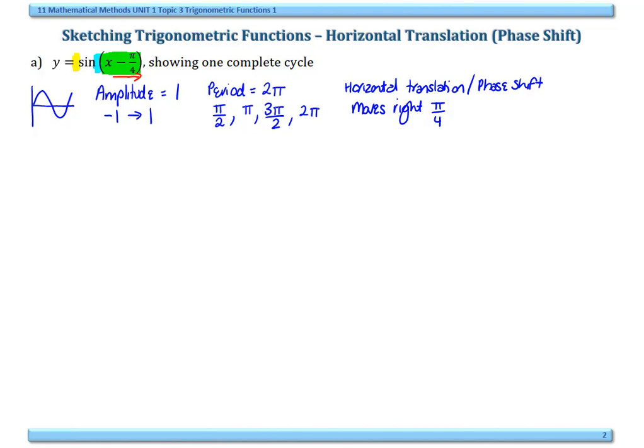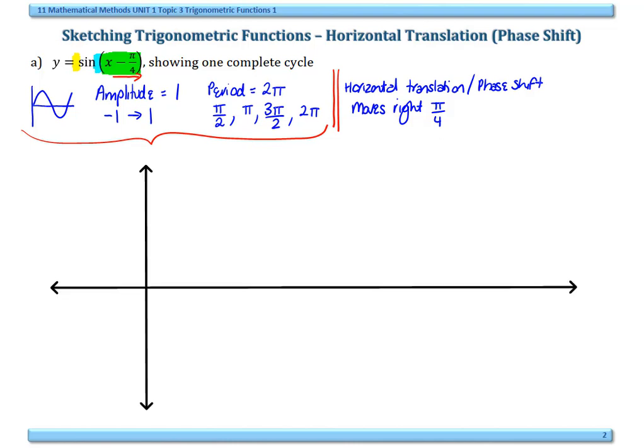And I recommend when drawing your graph, deal with this last. So we're going to draw our graph with everything else but that horizontal translation, which basically means we're drawing our standard sine graph. So let's start with our axes.